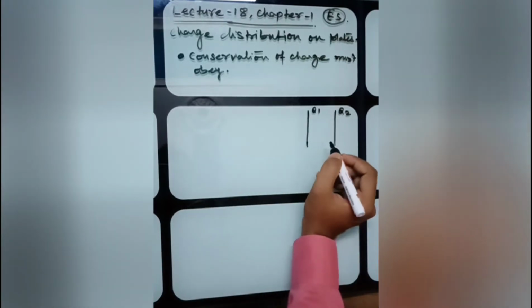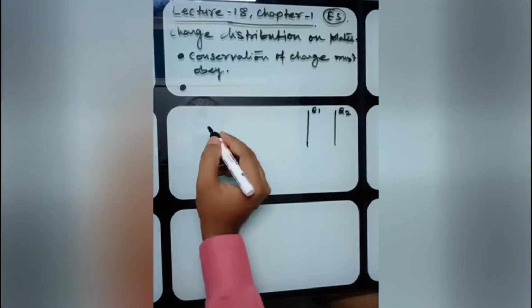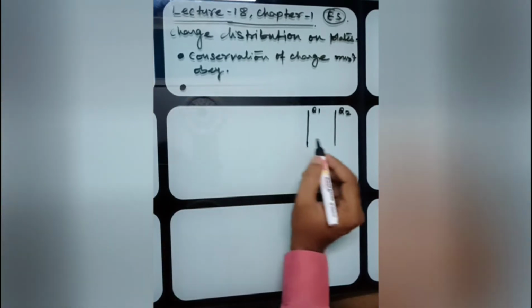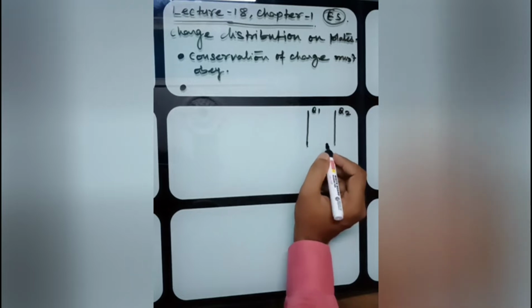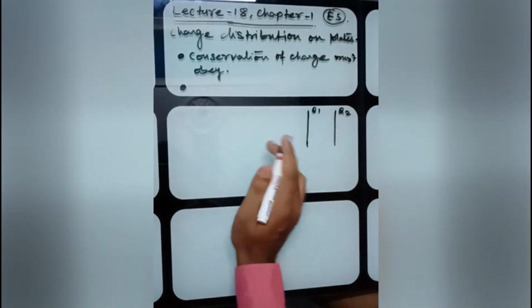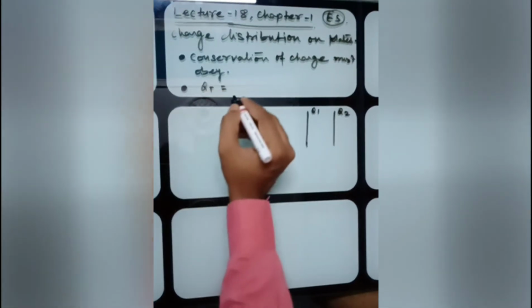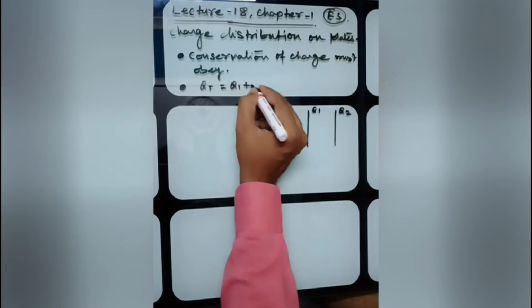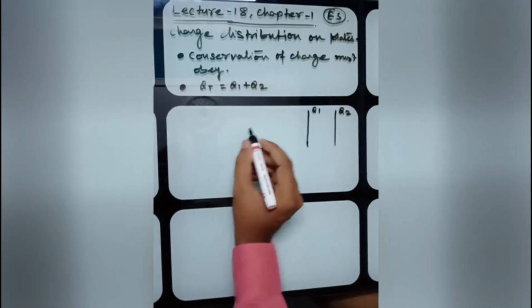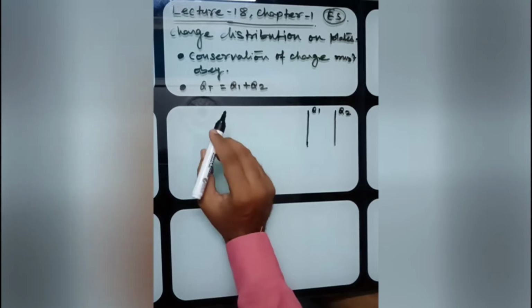For the charge distribution, the second point you have to bear in your mind, the total charge of the system must be found out. It is the Q total of the system, it is Q1 plus Q2, because we have to apply the conservation of charge.